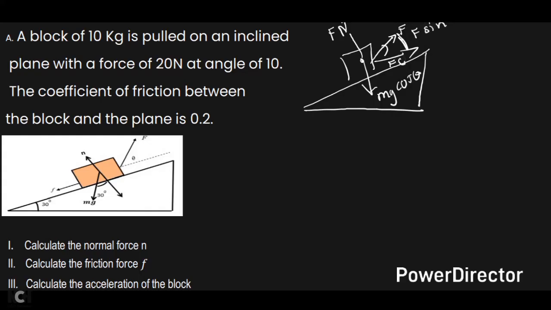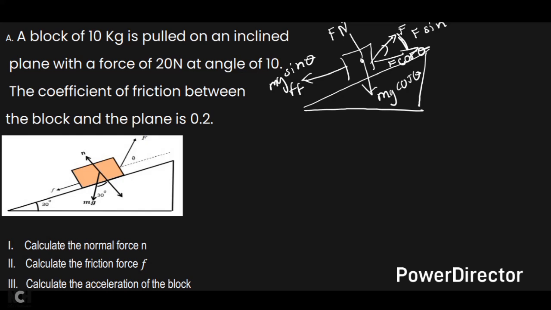We have mg going down, mg sin θ, and the friction force. So they're saying calculate the normal force.